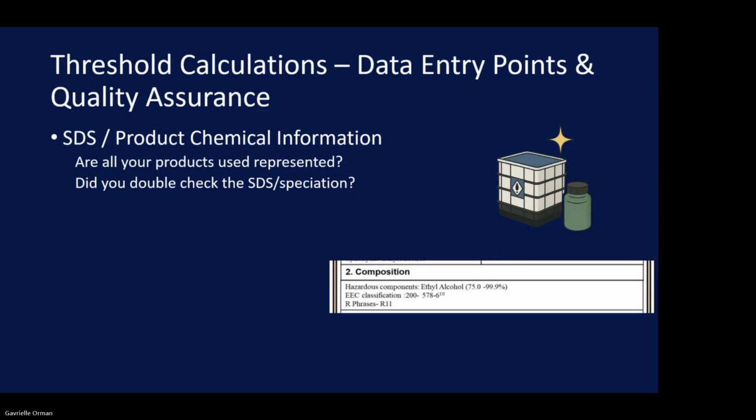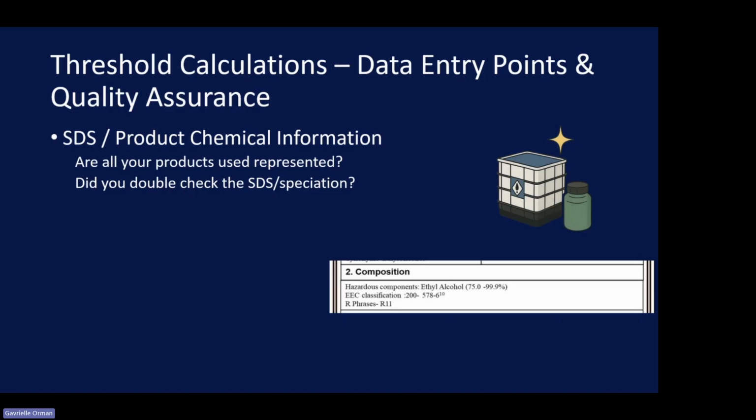Did you double check the SDS and chemical speciation? It is incredibly easy to misalign percentages of chemicals in a product. I've had a facility where they had two different solvents they were using. They had different percentages of isopropanol by like 0.05%.